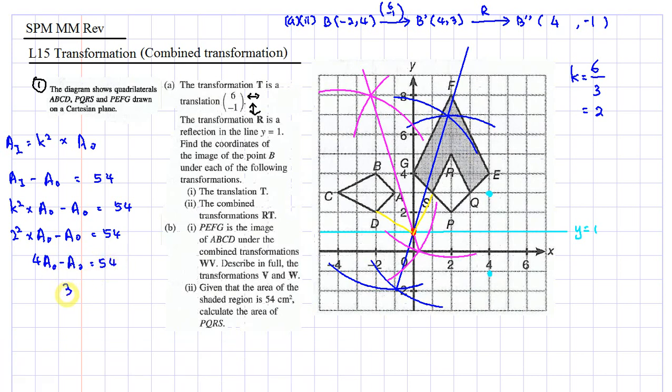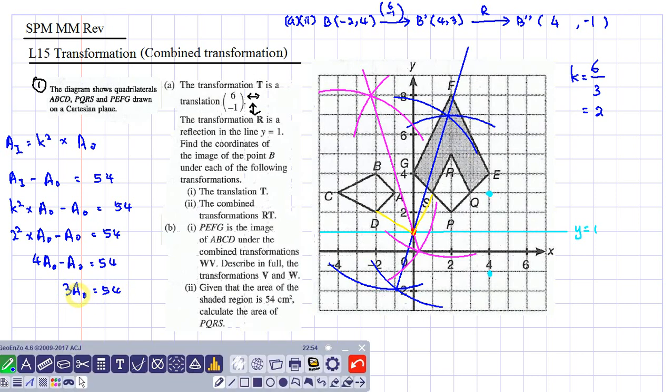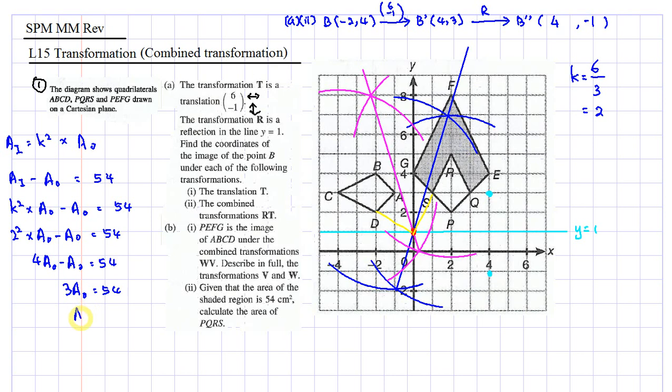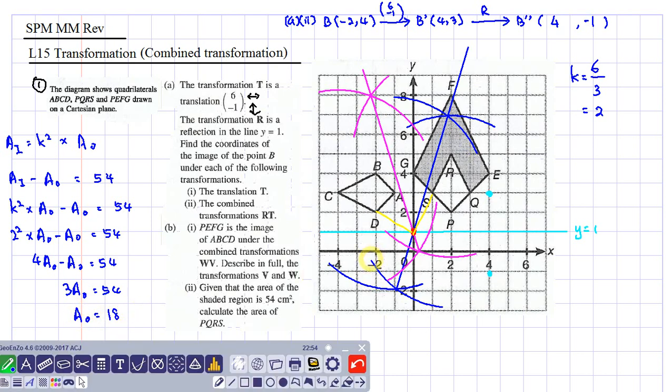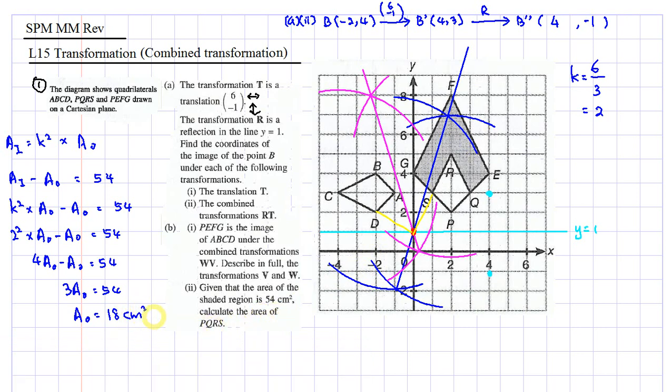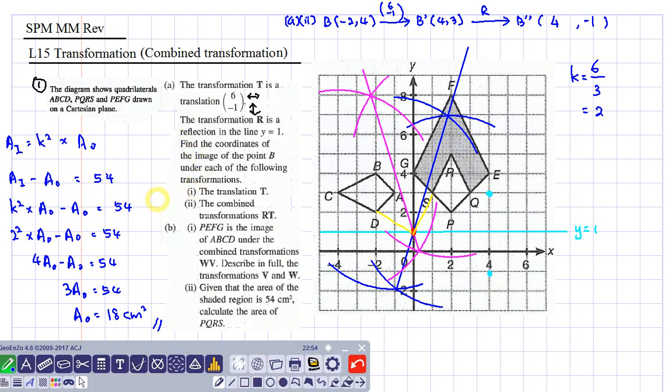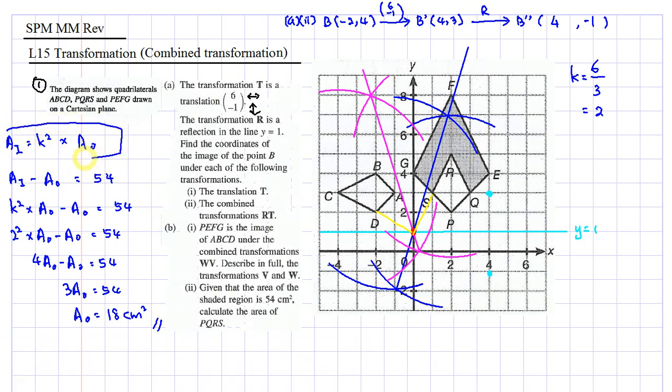Okay, so you have 3a, right? 54, so AO representing area object. So we know that area object is equal to 18. So area of the PQRS is equal to 18 square centimeter. Okay, so this sub question is actually not that hard, right? So this formula is very important. Make sure that you remember it well and know how to use it.